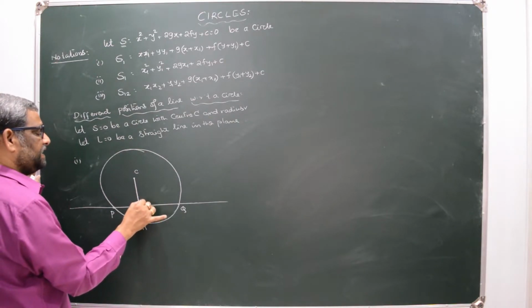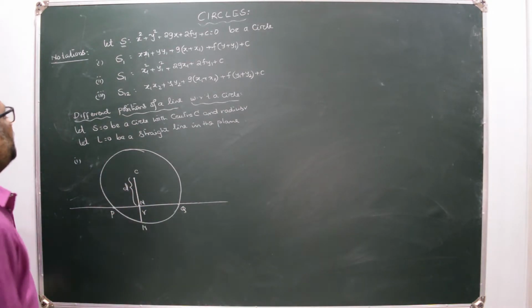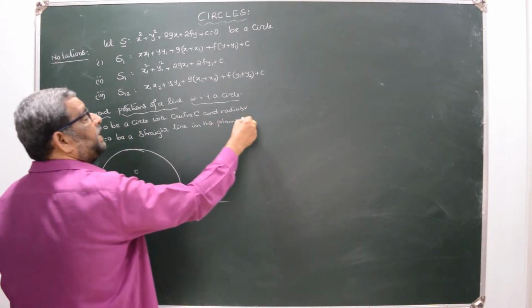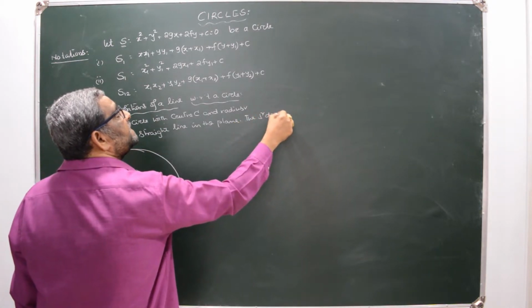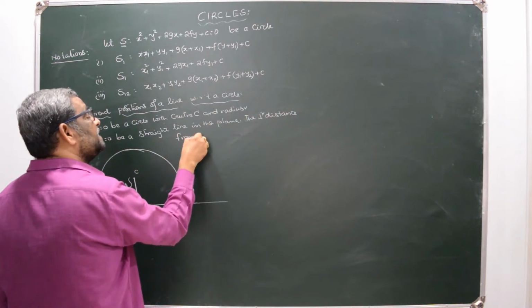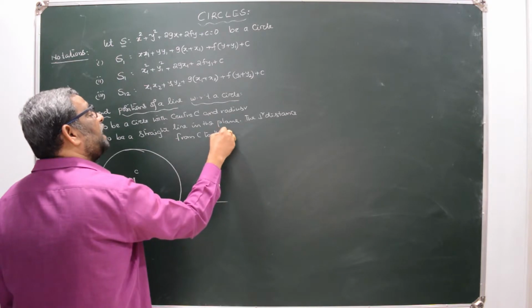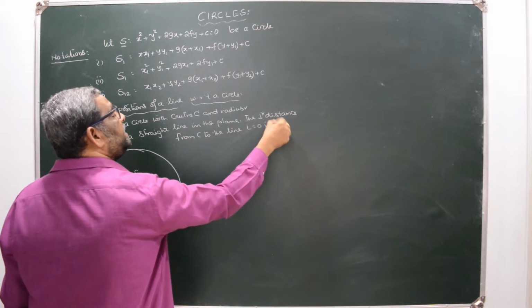If I call this N, then CN is the distance. The perpendicular distance from C to the line L equal to 0 is D.